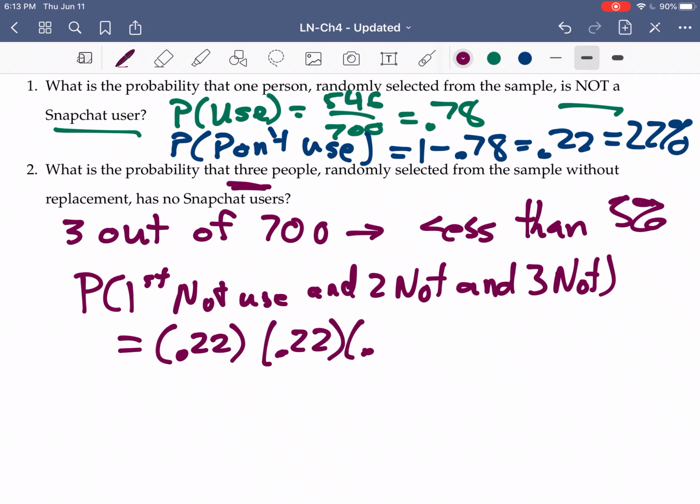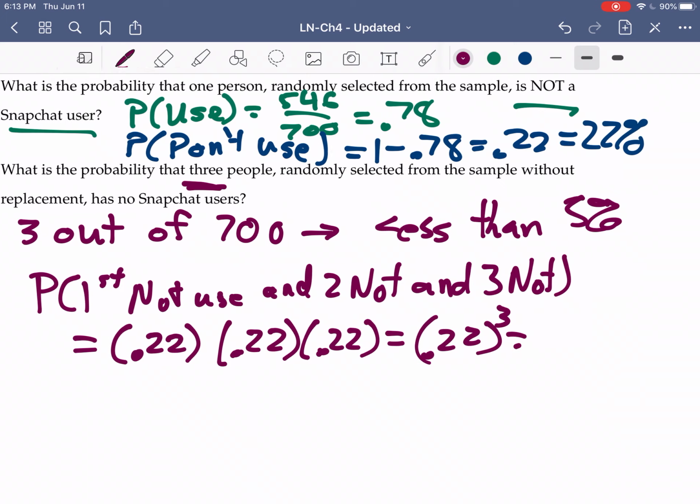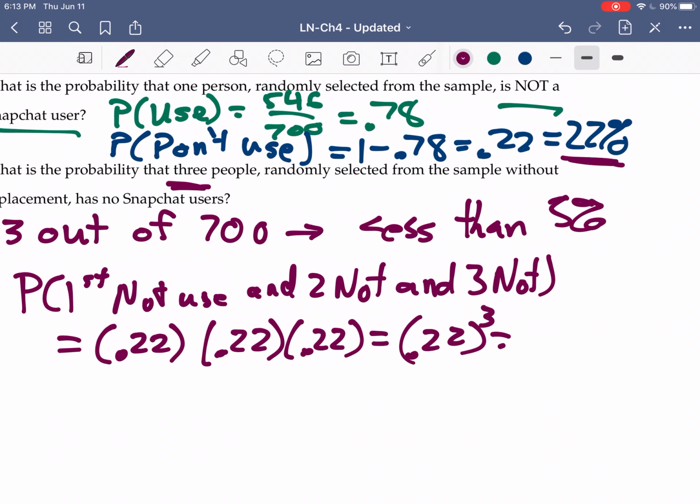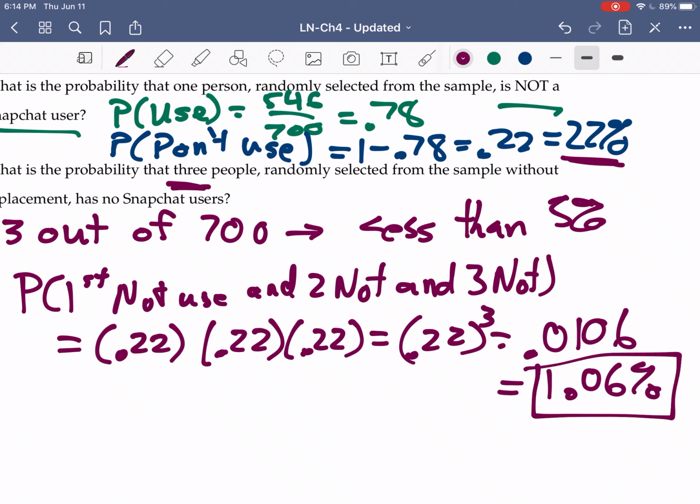And the third one, we use 0.22. Or 0.22 cubed. All right, so that 0.22 came from our answer from above. The probability that none of these 3 use Snapchat is 0.0106, or 1.06%. So that gives us an approximation. That approximation is an okay approximation to use.